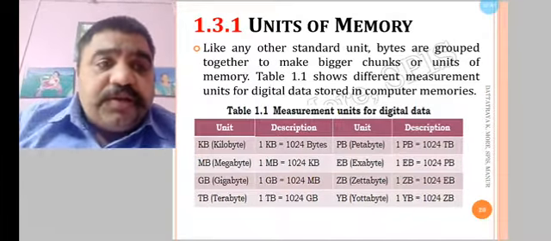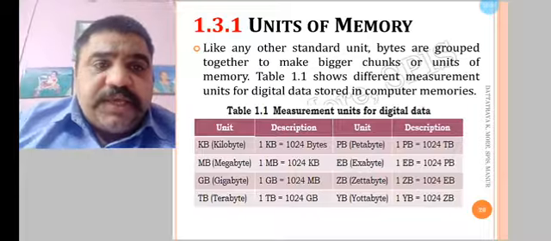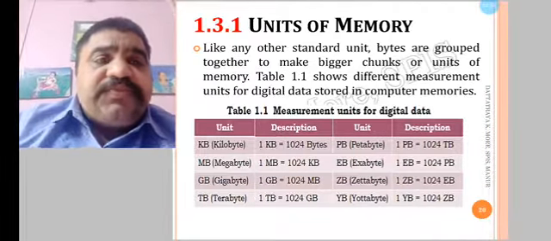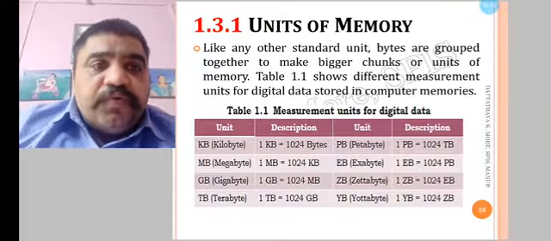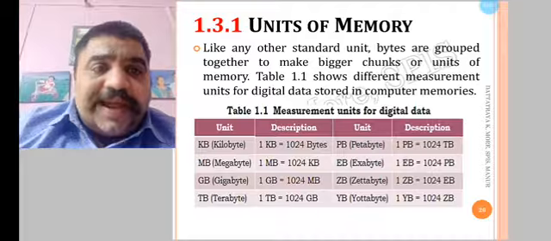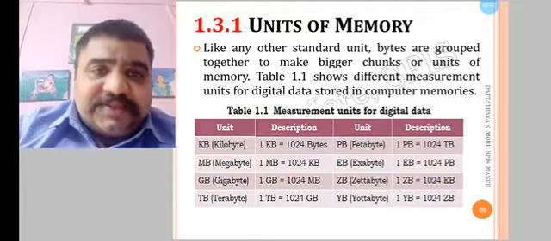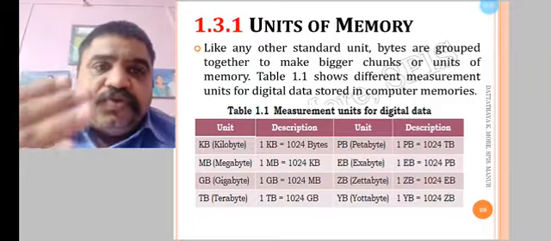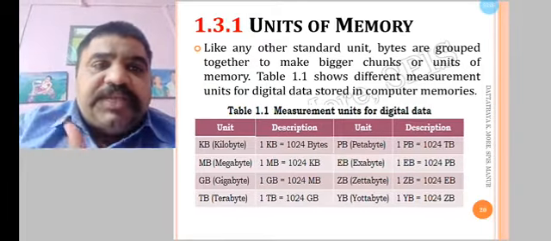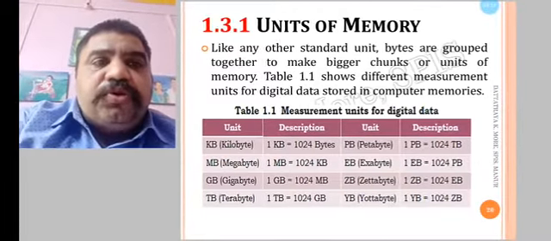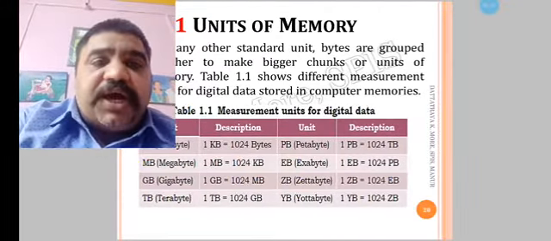Unit descriptions are there: kilobyte KB, then MB, then GB, TB, PB, this way. KB means kilobyte. 1 kilobyte equals 1024 bytes. Likewise it is going to increase. Like 1 megabyte means 1024 kilobytes. So step by step it is increasing. You have to write this down in your notebook. This is a very important unit chart.